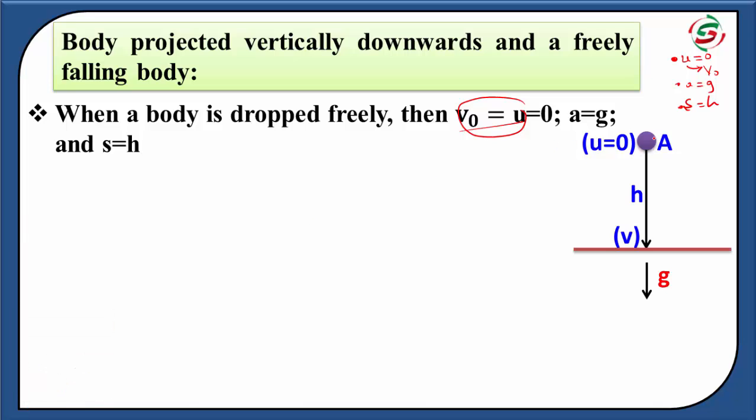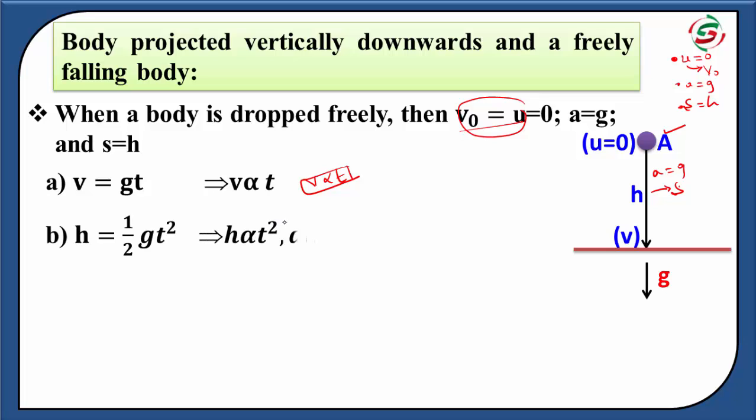Suppose the body is situated at point A. The body is dropped from point A and it reaches point B at a height h. Here a equal to g and s equal to h. The body is dropped freely, then v equal to g into t, which means the velocity of the body is directly proportional to time.